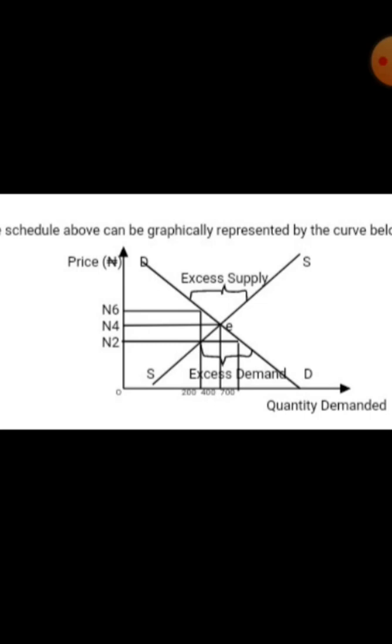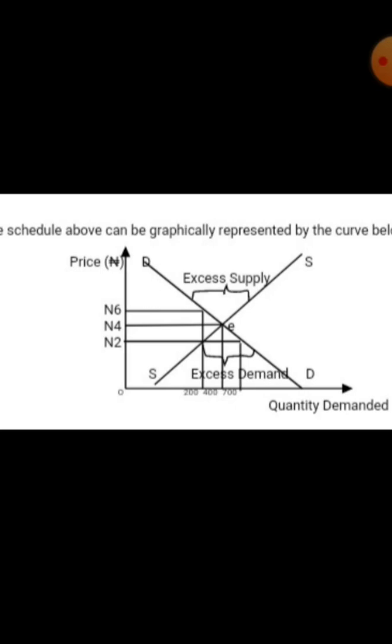If you trace it down to the price axis, we have 4 naira, which is our equilibrium price. If you trace it down from the center to the quantity axis, that is where we have our quantity demanded and quantity supplied.